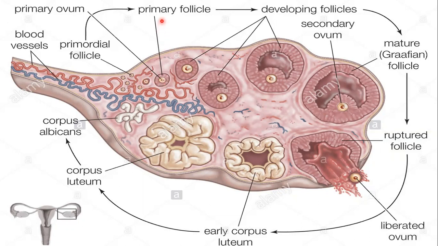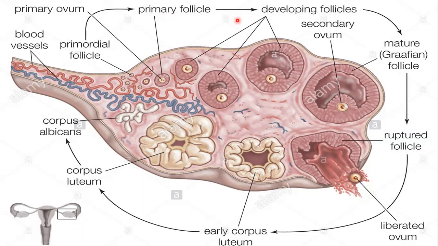Then the primordial follicle changes into the primary follicle. In histology, we recognize it as a cell larger than the primordial follicle, right? The primary oocyte is larger, and the surrounding cells have changed from simple squamous epithelium to stratified cuboidal epithelium, right?